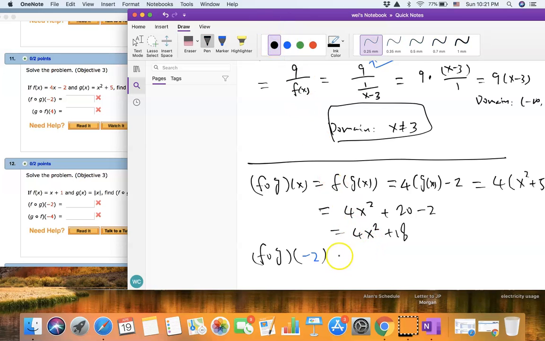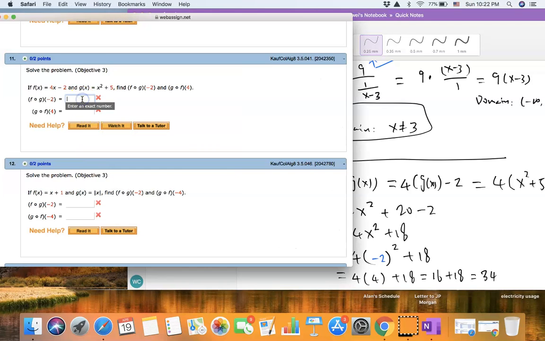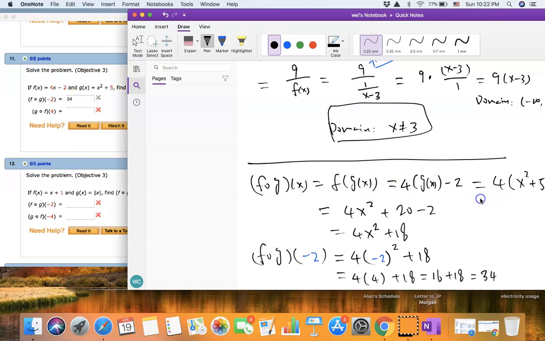So 4 times negative 2 squared plus 18. Negative 2 squared is 4, and 4 times 4 is 16. 16 plus 18, the answer is 34.